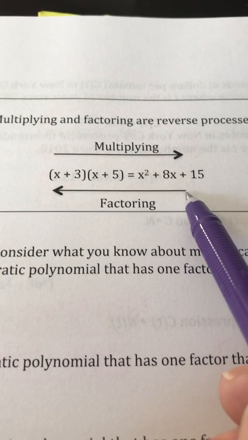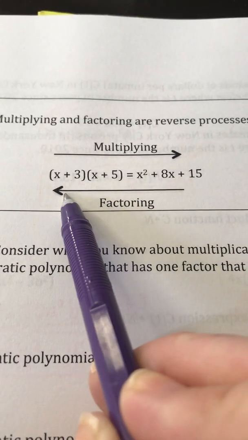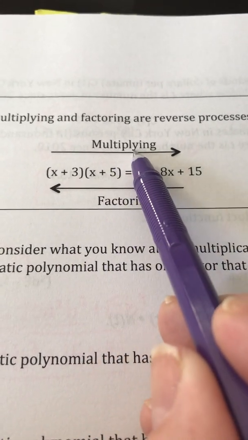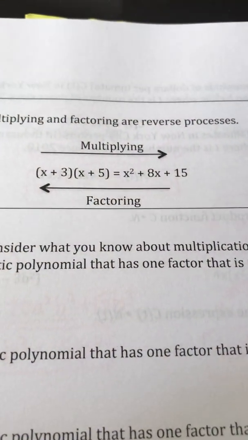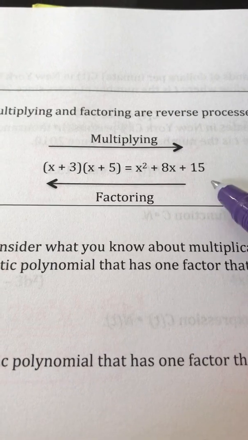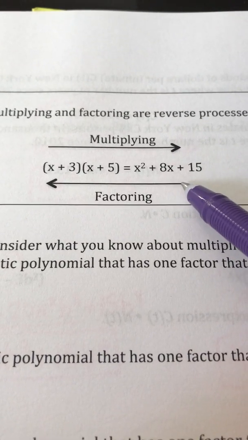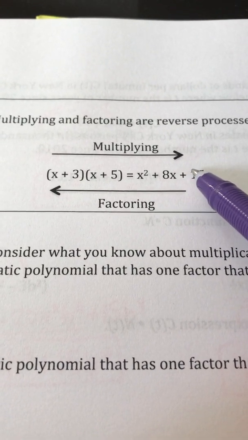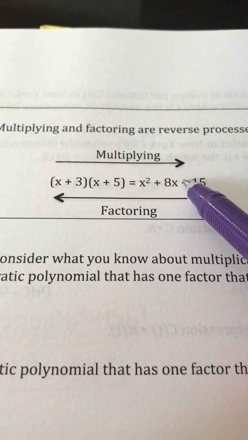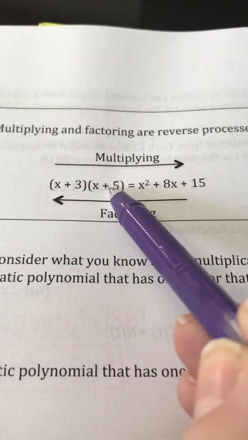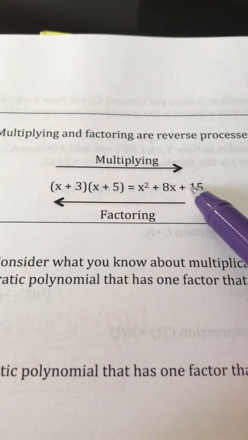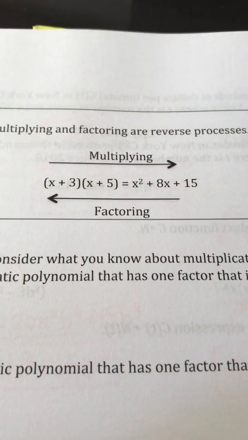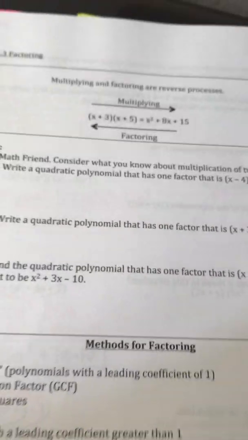Now, factoring is the inverse, or the reverse process, of multiplication, okay? When we're factoring, we're using patterns that we know to be true of a quadratic equation in order to determine what its parts are, okay? So we're using the patterns of what we know in order to determine the parts.